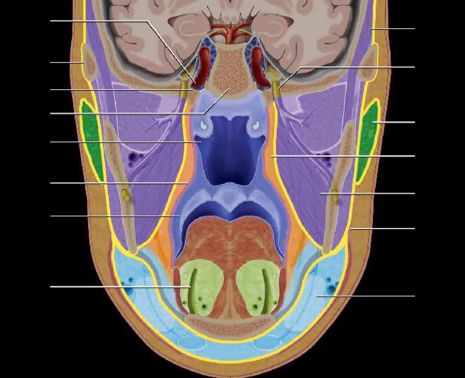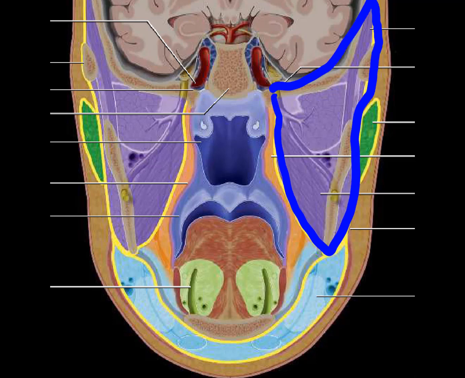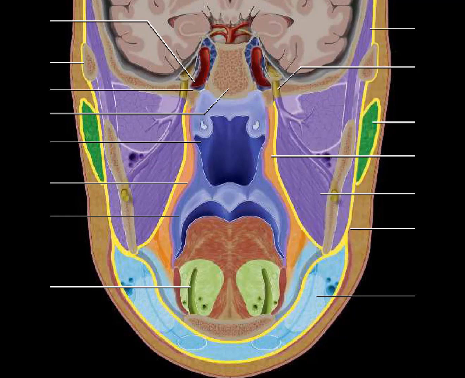This is again a coronal image which is showing the suprahyoid neck spaces. Mainly we can see here the masticator space extending all the way to the skull base, and we can see the mandibular nerve coming out of the foramen ovale, which is present in the masticator space.